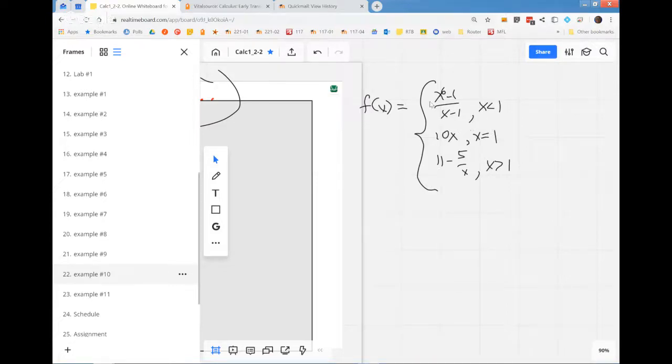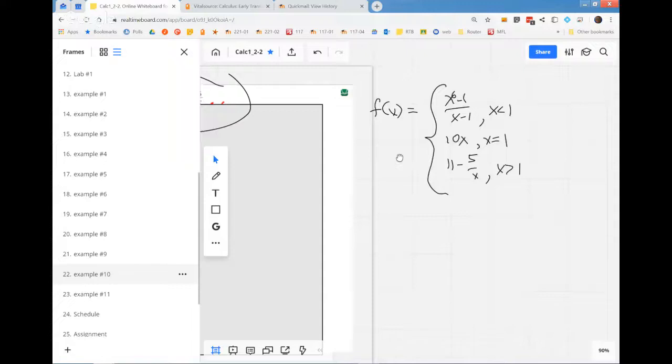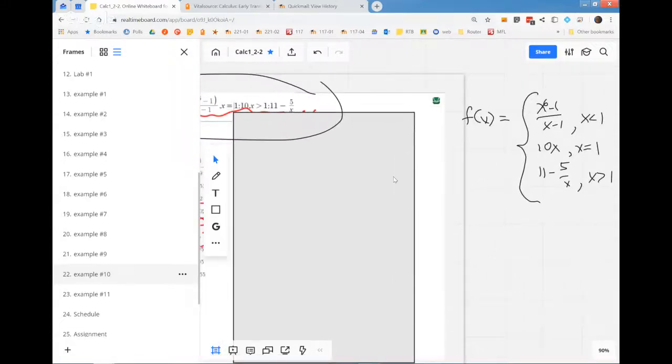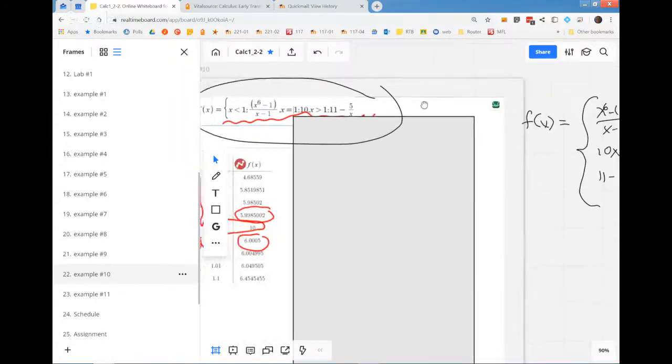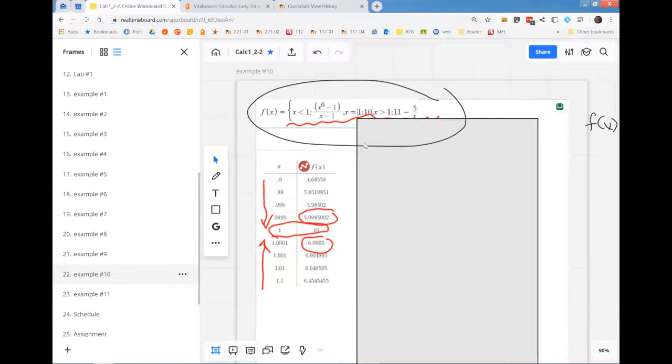So this says, use this formula when x is less than 1, use this formula when x is 1, and when x is greater than 1, use the bottom formula. That's called a piecewise function. This happens to be how you type that into Desmos. We'll talk about the technical aspects of that, but not right now. This is what that is.